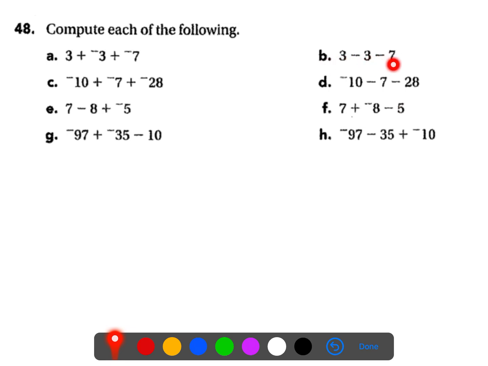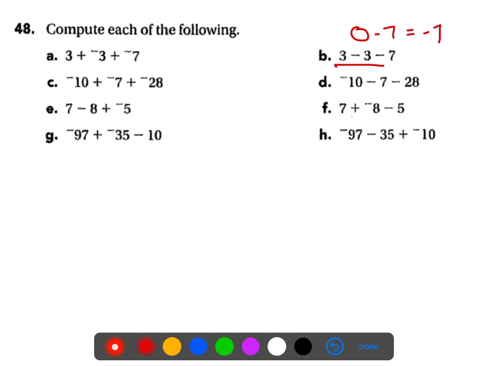If we worked on example B here, we have 2 subtraction problems happening. We're taking 3 minus 3 first because that's here on the left side of the expression. 3 minus 3 is 0. So I'm going to take that new amount to do the second problem, and 0 minus 7 is negative 7.